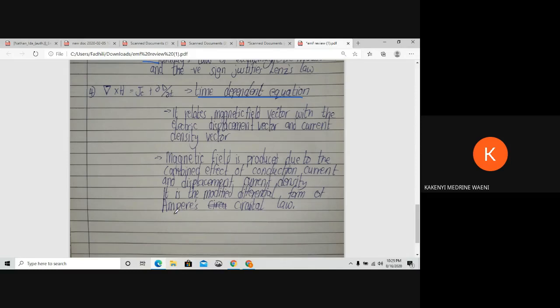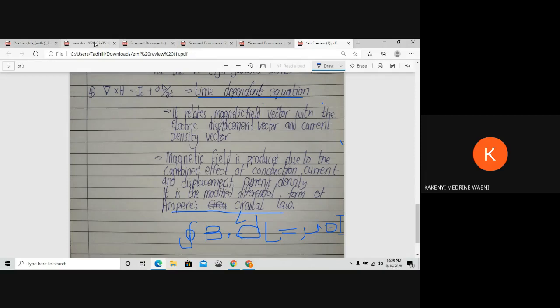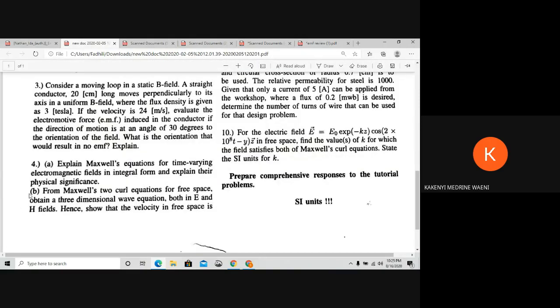So Ampere's circuital law, this one, is that the integral of B dot dl equals mu O times I. Yes, that's Ampere's circuital law. That's what it states. Yes, that's A.